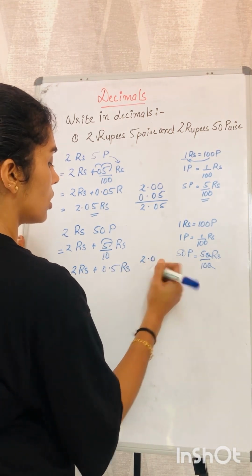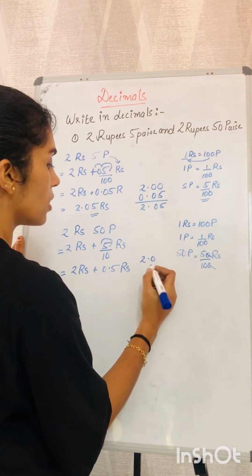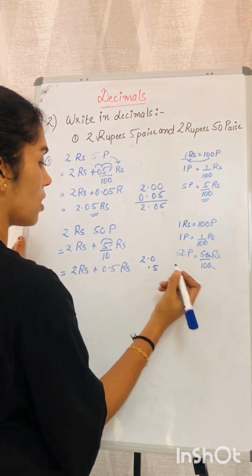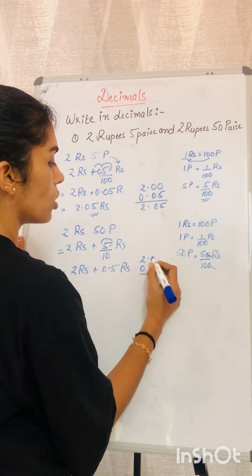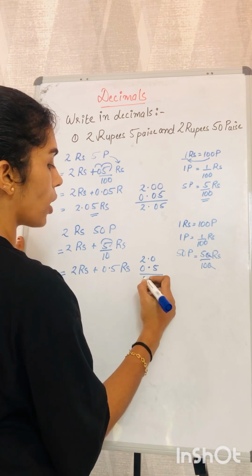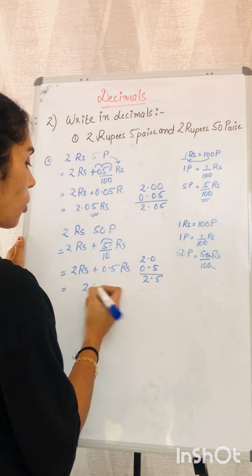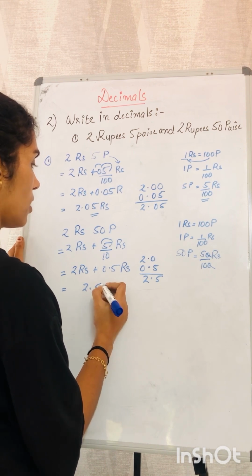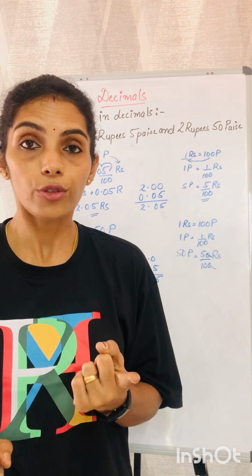So just put zeros because after the decimal you have got one place, right? So again 0.5. You can put 0 here in order to avoid confusion. So 0 plus 5 is 5. That is, your answer is 2.5 rupees.